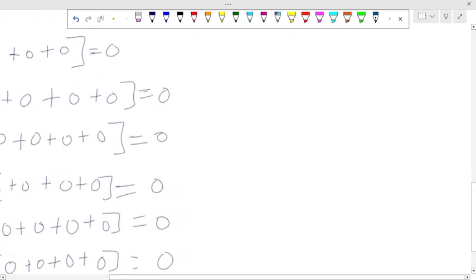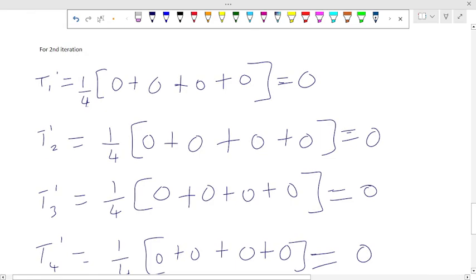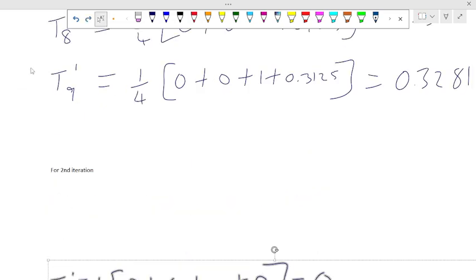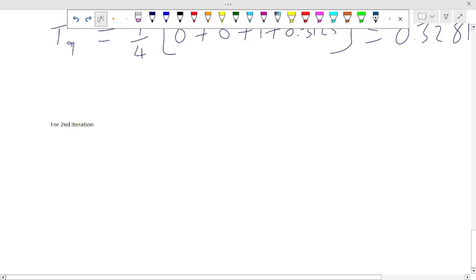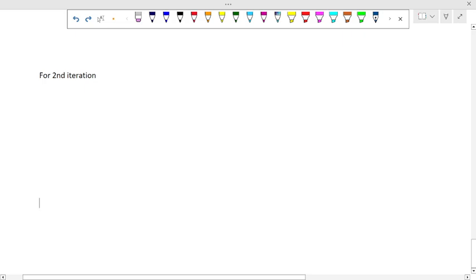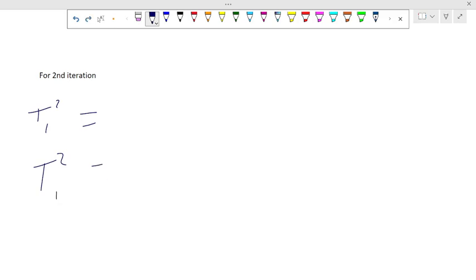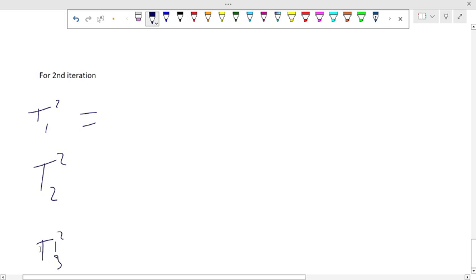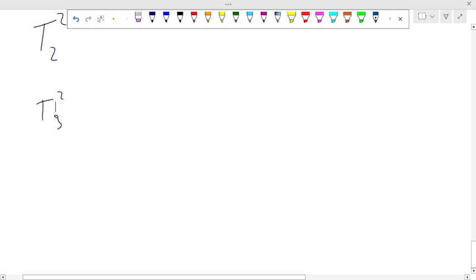All right, zoom in. So of course I think I should just erase this part, so there'll not be so much correction. Let me just make that fresh. So for the second iteration, T1 second iteration, so we have 2 on top of it. T2, T3, but we will have 2 on top based on second iteration.